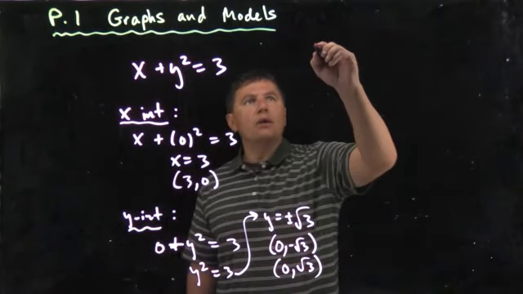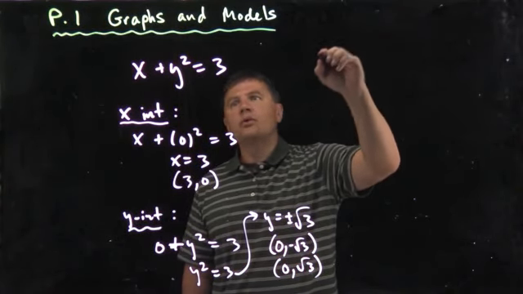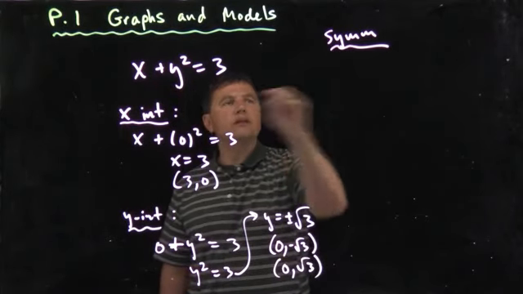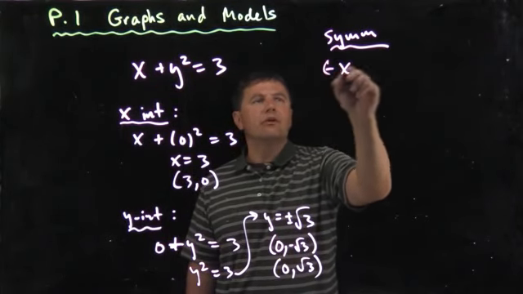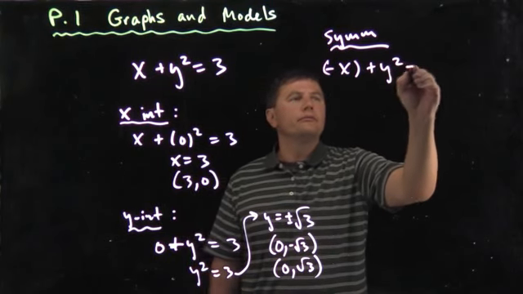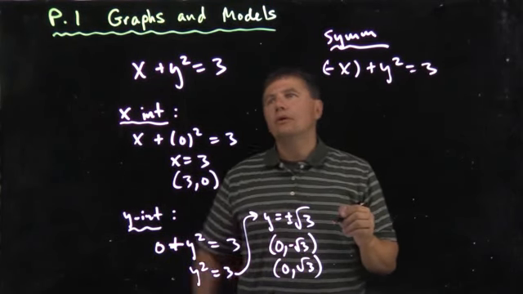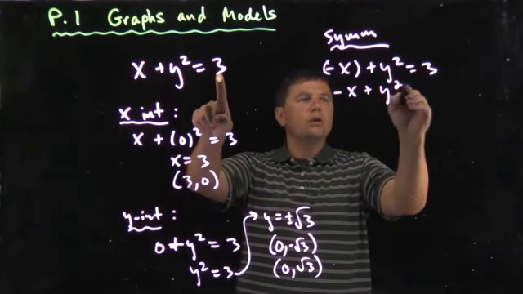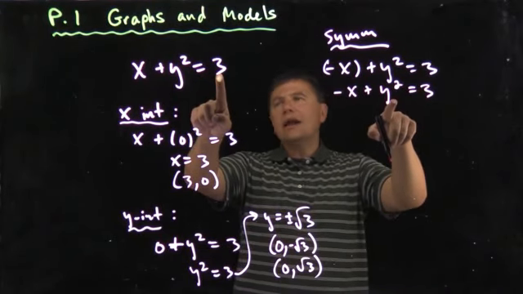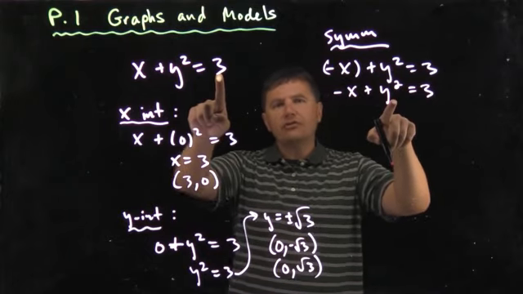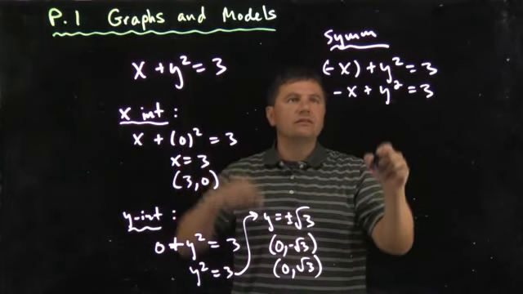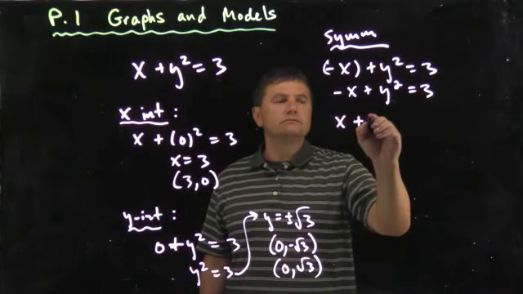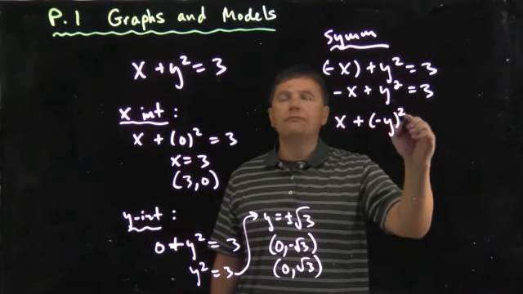Now I'm going to do the symmetries. Once again, let's plug in negative x for x. Let's simplify that. That's negative x plus y squared equals 3. Those are not equal, so it is not symmetric to the y-axis. Now I'm going to plug in negative y everywhere I see a y.